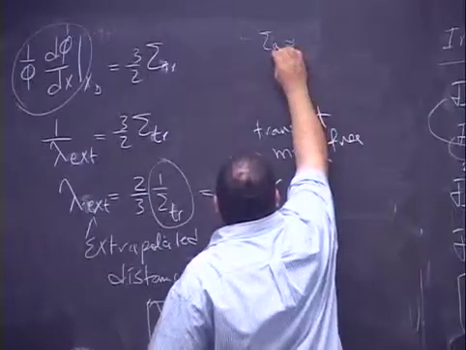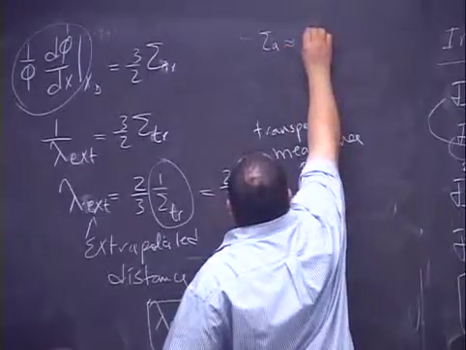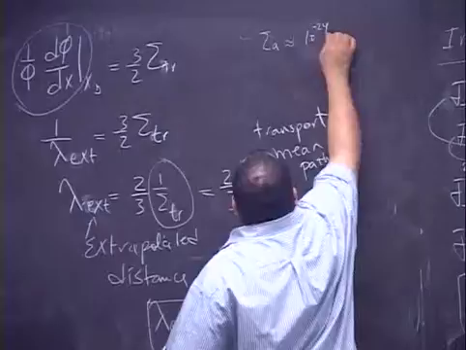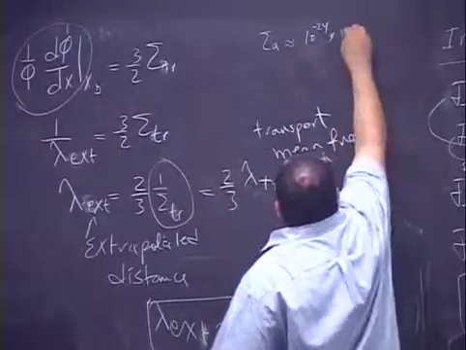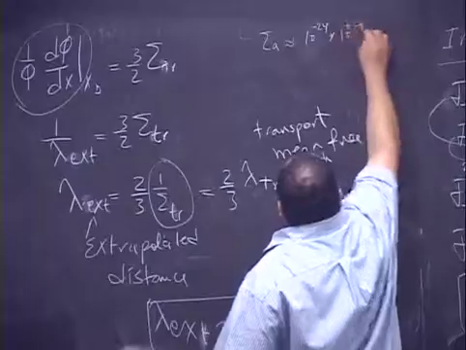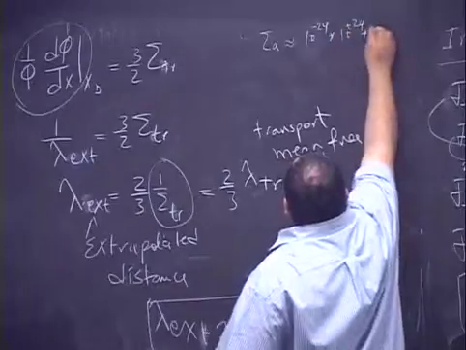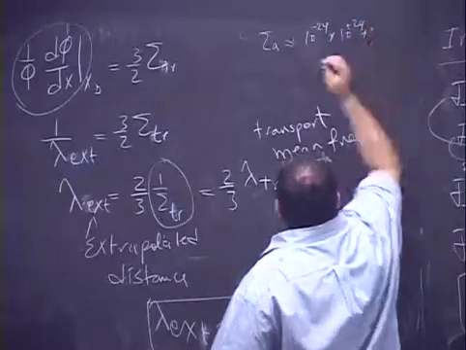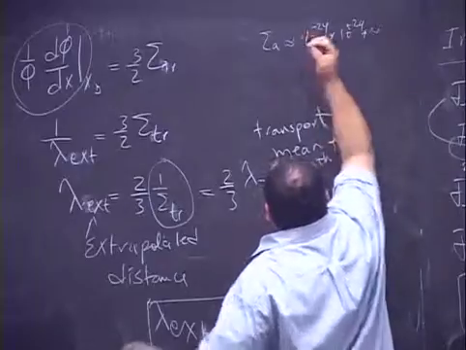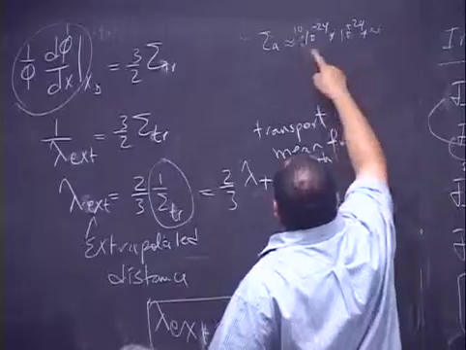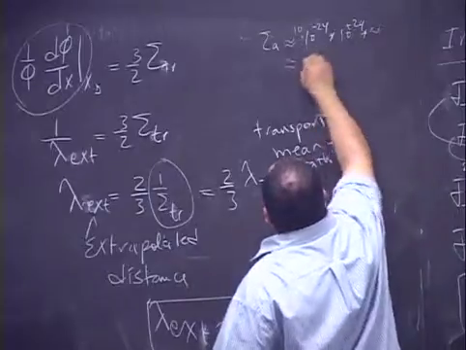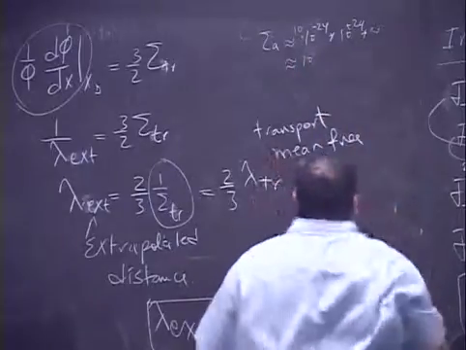A barn is 10 to the power of minus 24, and the number density is 10 to the power of 24 multiplied by something here. Let's say this is even 100 barn or 10 barn or whatever. So this will give you something like 10 centimeters.